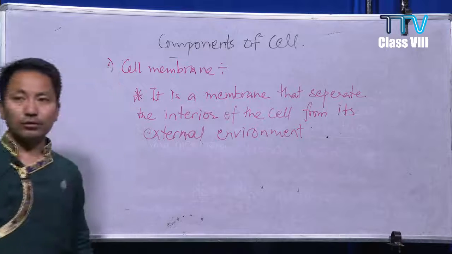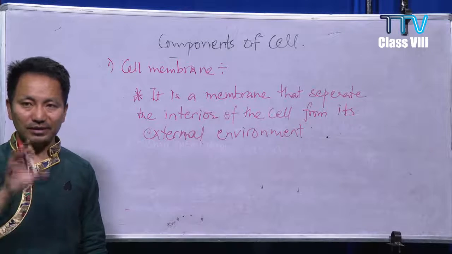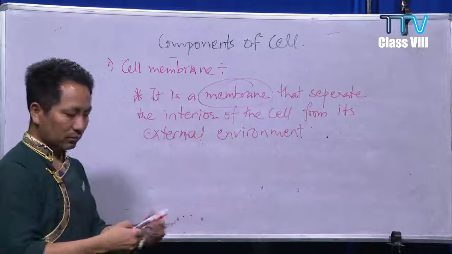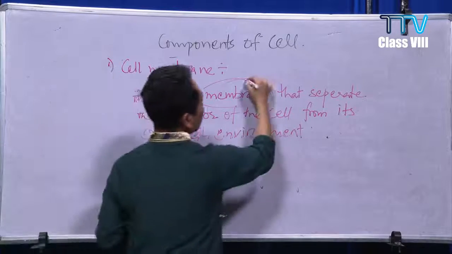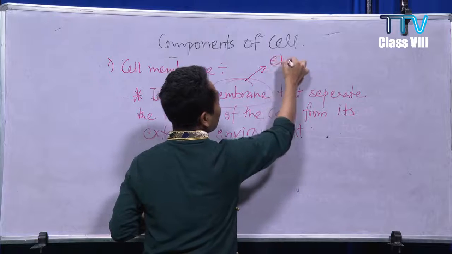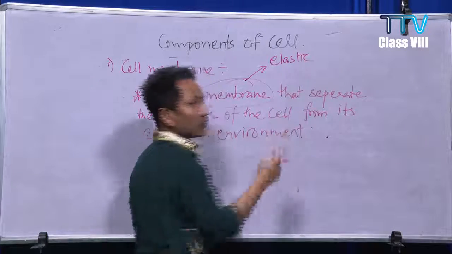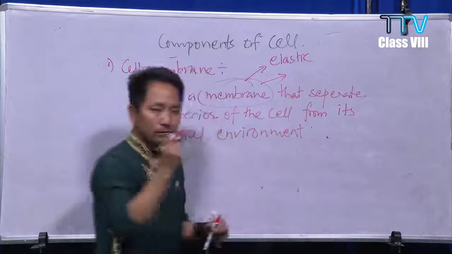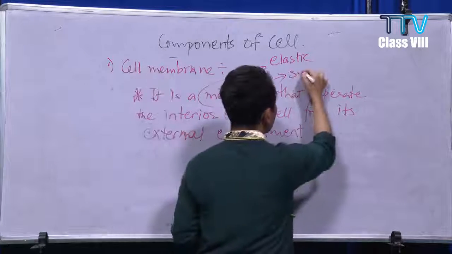The nature of the cell membrane is that it is a thin membrane, and the membrane is elastic, that which can retain its shape, right? Then, it is semi-permeable.